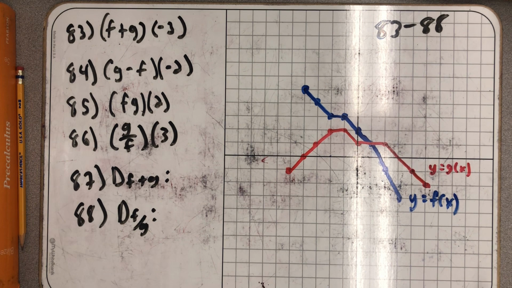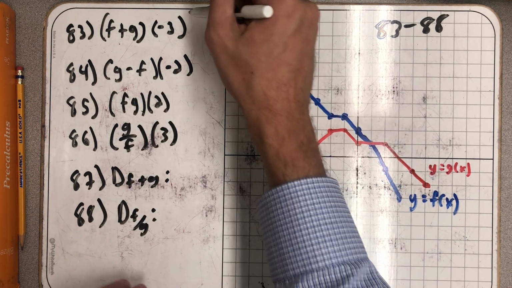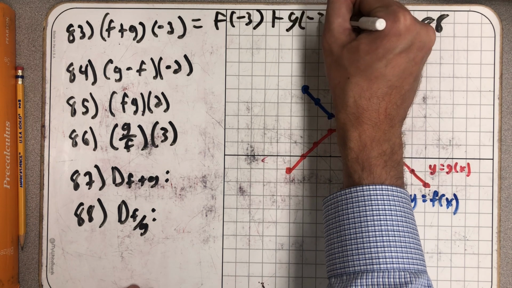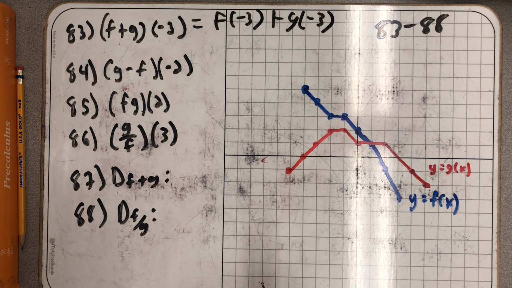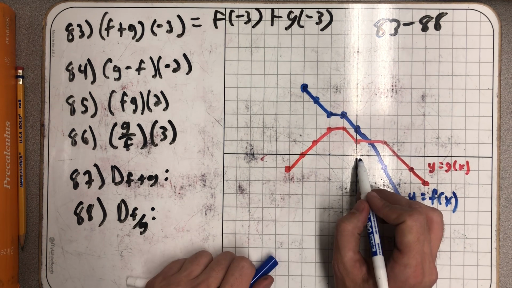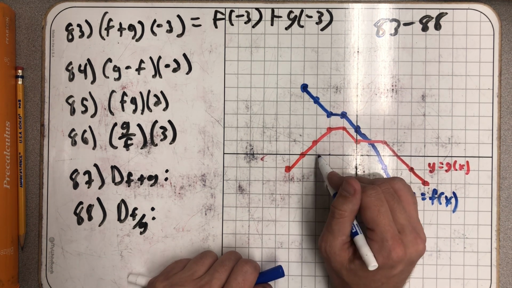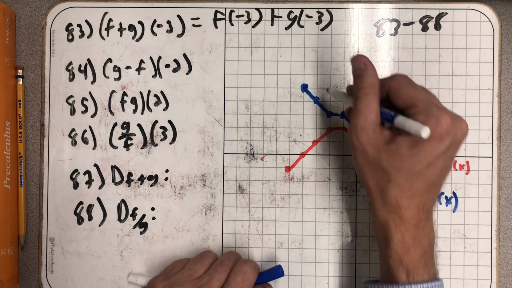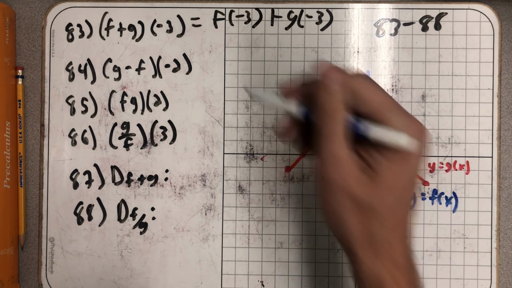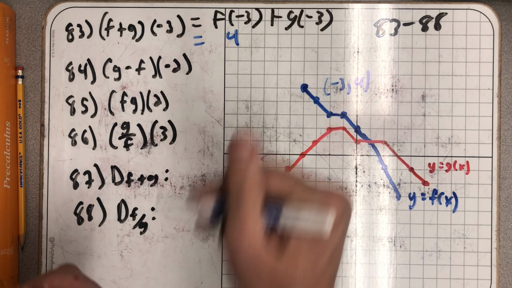Well, if I think about what f plus g of minus 3 is asking, it's asking for f of minus 3 plus g of minus 3. So I can use my graphs to do that. The blue function is f. So f of minus 3, 1, 2, 3, 1, 2, 3, 4. So this is the point minus 3, 4. So f of minus 3 is the number 4.